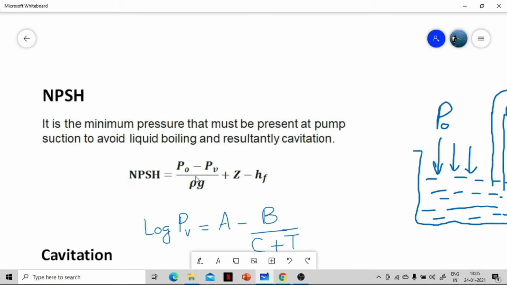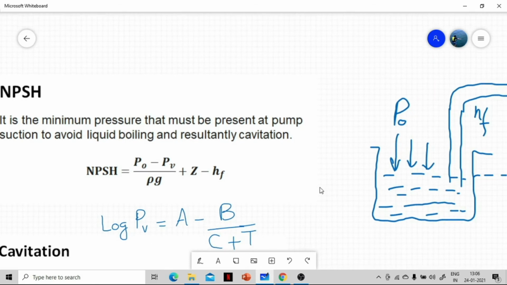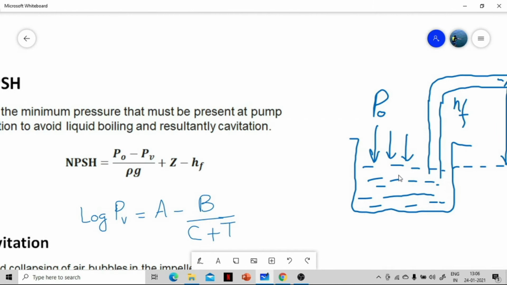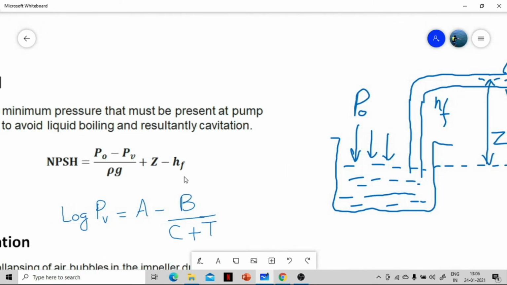The formula is the absolute pressure on your suction reservoir minus the vapor pressure of your fluid, divided by the density of your pumping fluid times gravitational acceleration, plus the elevation, or the distance from the reservoir level to the pump level, minus HF, the friction losses in the suction line.